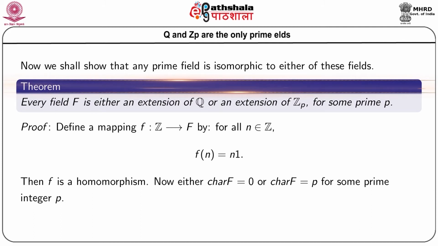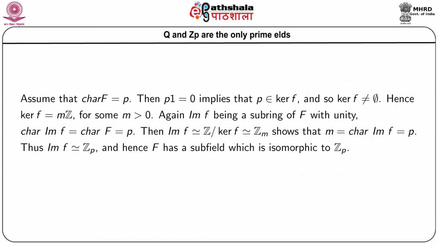Then f is a homomorphism. Now, either the characteristic of F is 0 or it is a prime p. First assume that the characteristic of F is a prime p, then we have p1 is equal to 0, which implies that p belongs to the kernel of f, and so the kernel of f is non-empty.